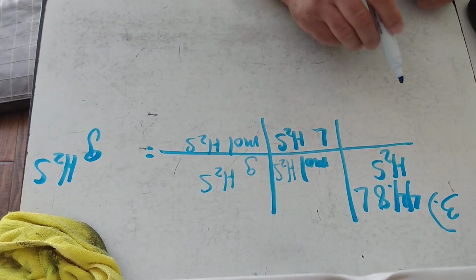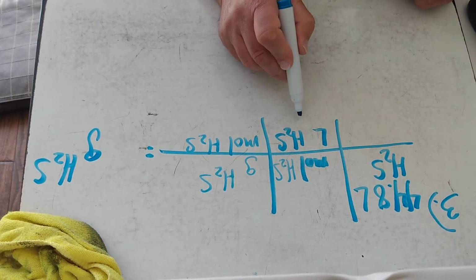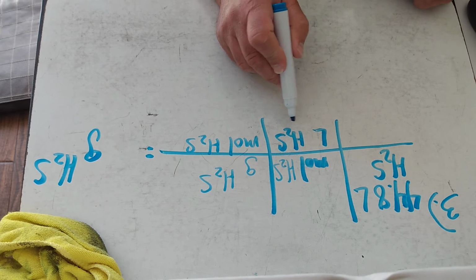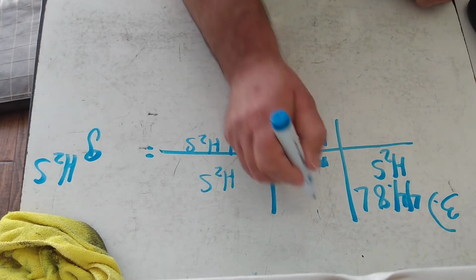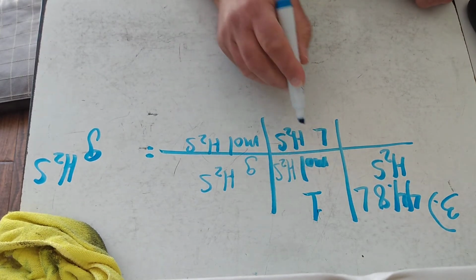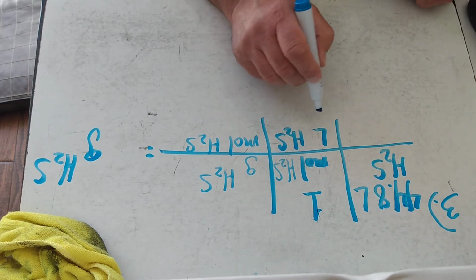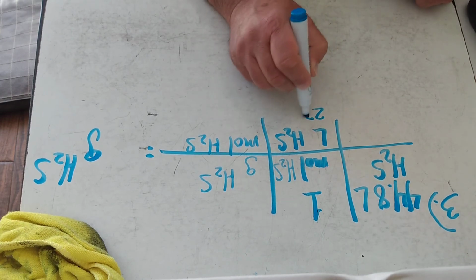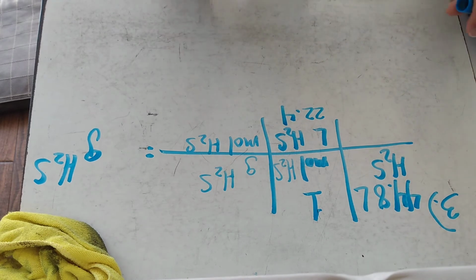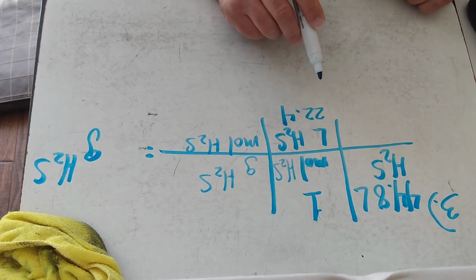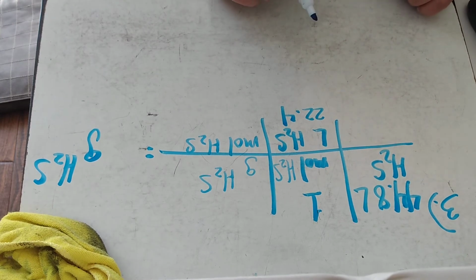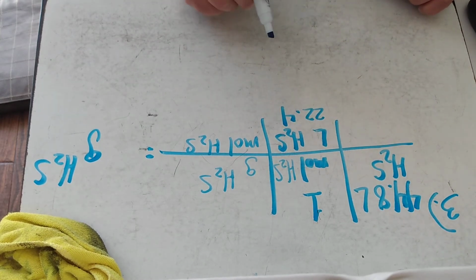So how many liters of hydrogen sulfide are there in a mole? Well, we know it's 1 mole, and when we're talking about liters, 22.4. It's just a regular standard number. You've got to use it. That's equal to 1 mole.